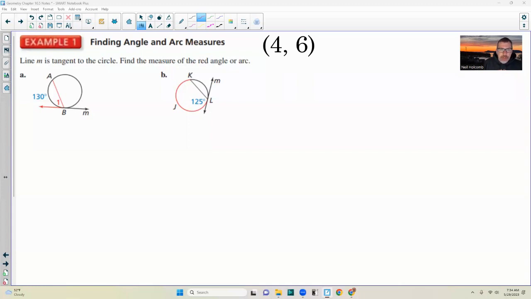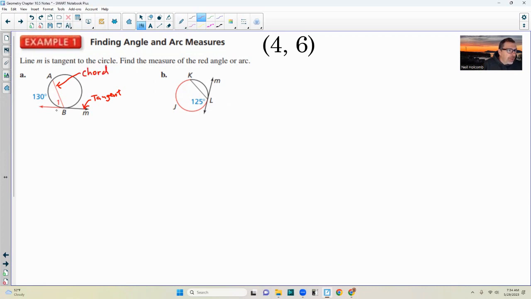Okay, so let's put theorem 10.14 to work right here. Line M is a tangent, so I'm going to label this as a tangent: a line that touches a circle at one point. AB, this right here, is a chord.